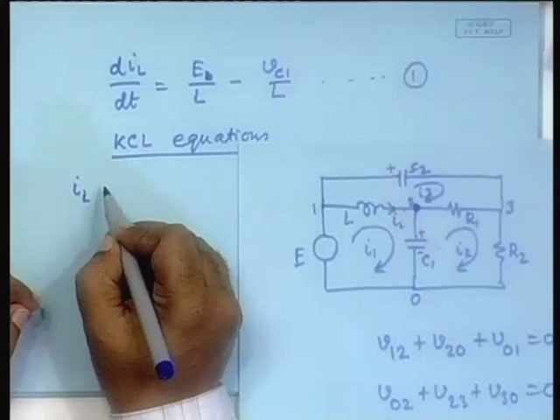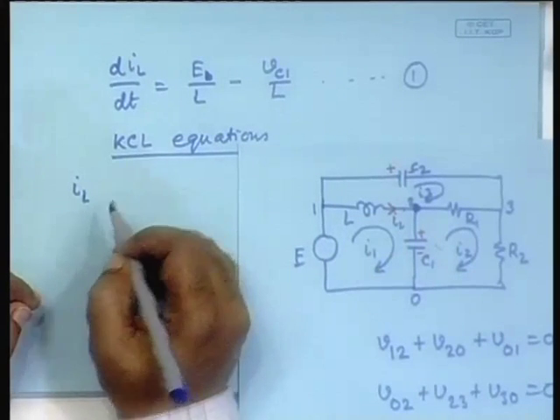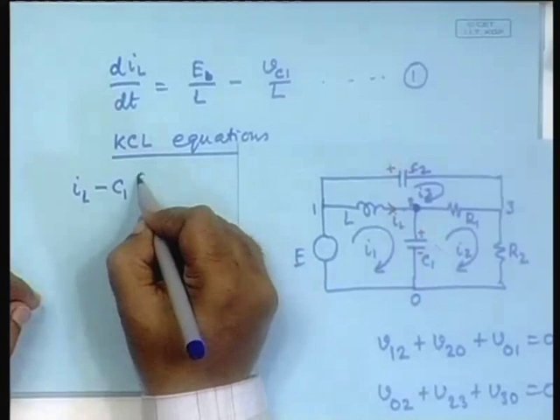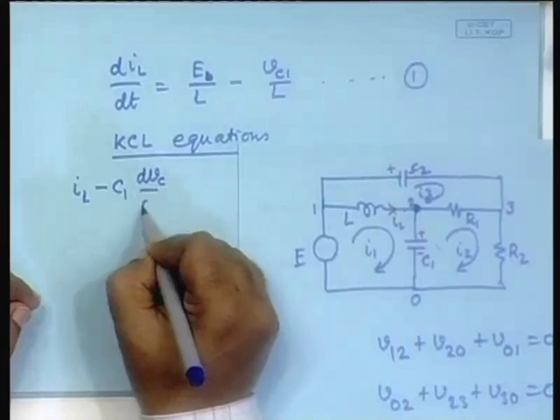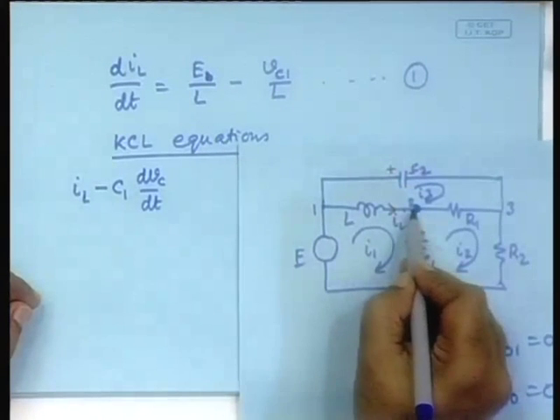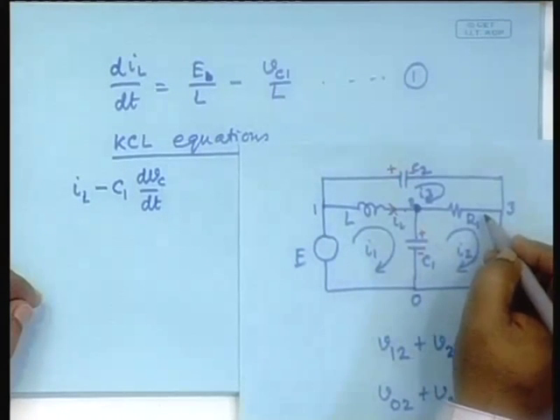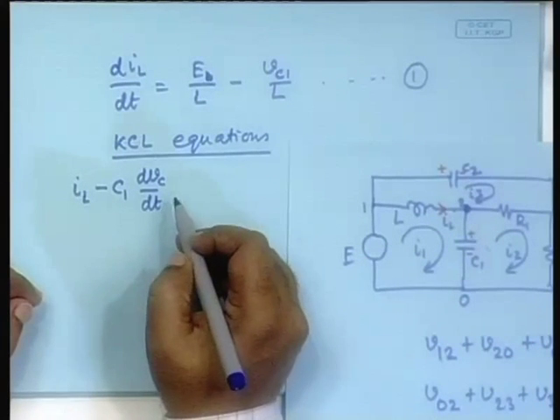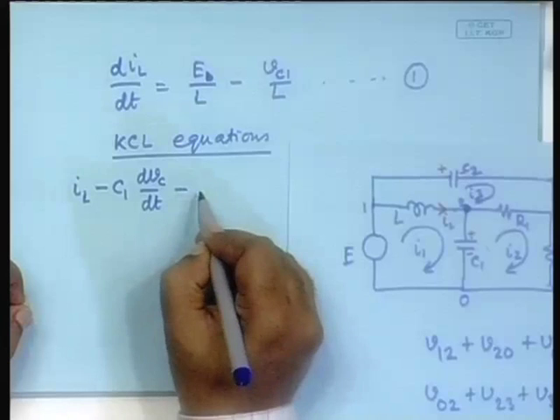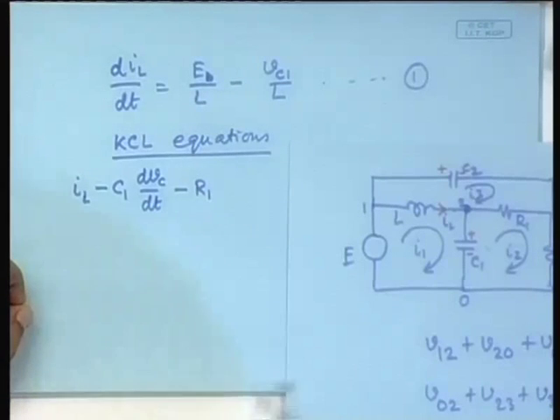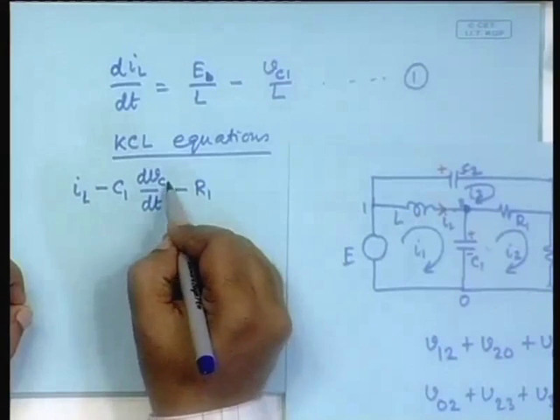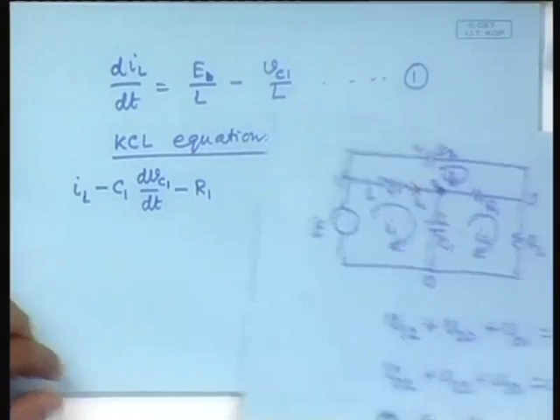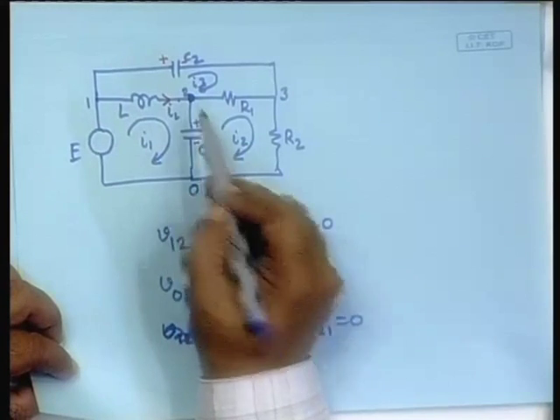So, that is minus C1 dVc1 dt, and this is again minus (Vc1 minus V3) by R1.